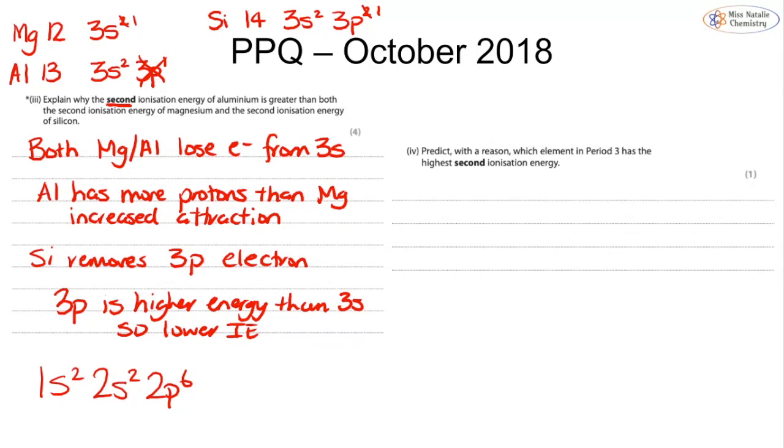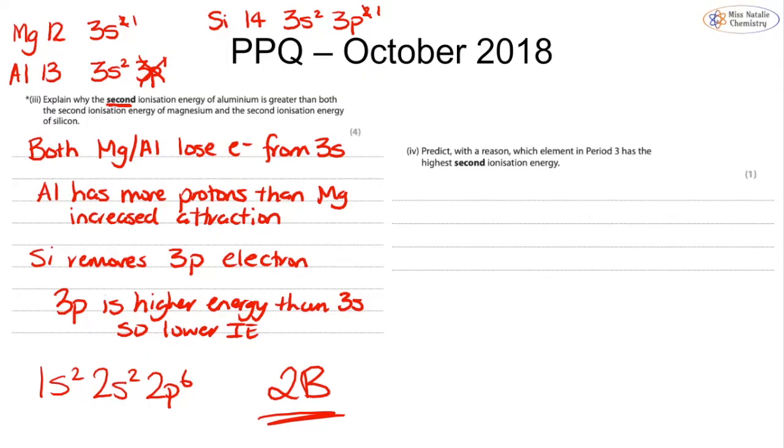So this is looking at a comparison in two different ways. It's comparing the s and the p orbitals and what effect that has, and also comparing what happens when we take them from the same orbital but for different elements. So for magnesium and aluminium, this time we're looking at how many protons they have. And again, we'll come back to this in topic 2b. There is quite an overlap here in these questions.